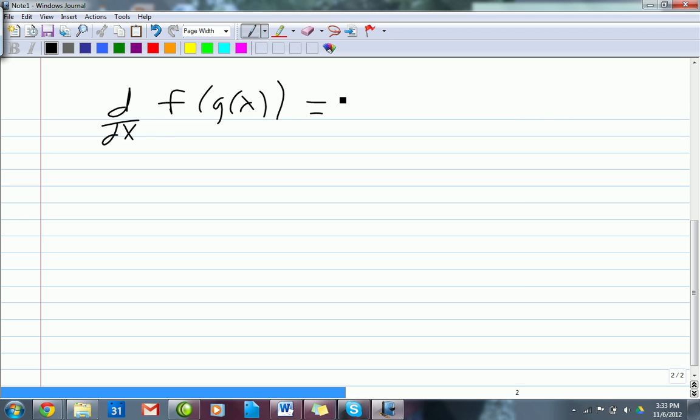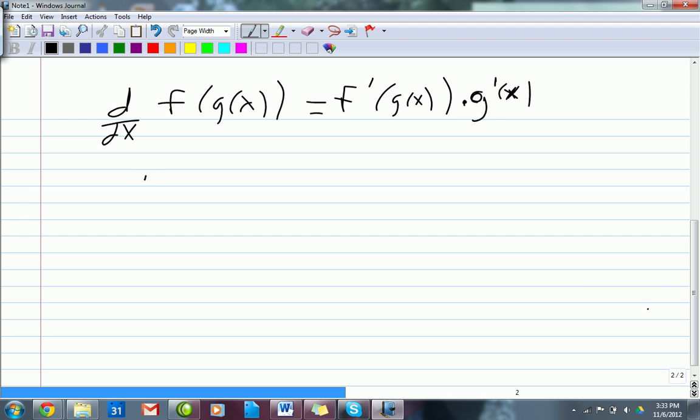We differentiate the outside piece, and we leave the inside piece intact. And then by the chain rule, we multiply. This is called our chain step: we multiply by the derivative of our inner function, which we're calling g, so we multiply by g prime. So we differentiate f with g intact, and then times the derivative of g.